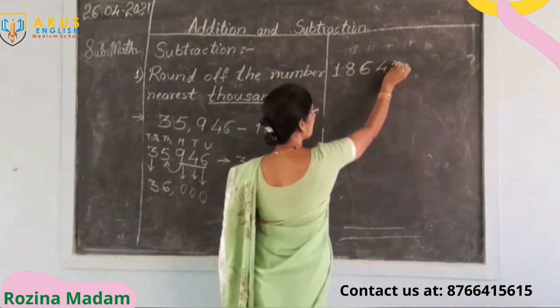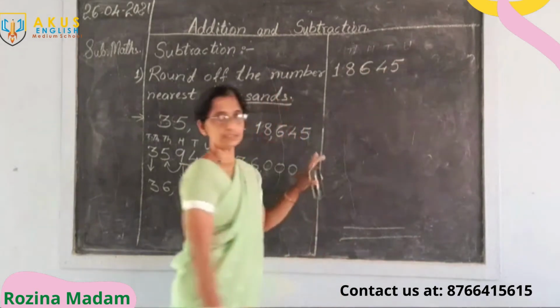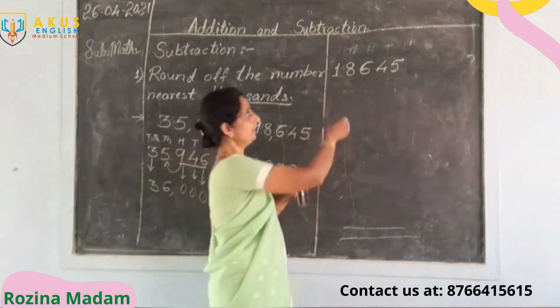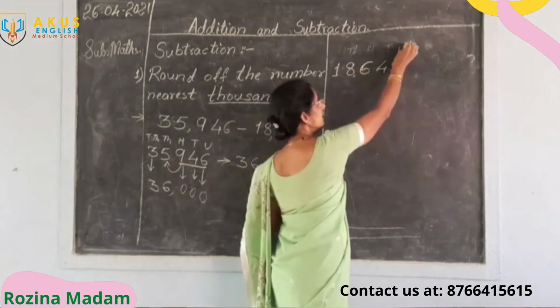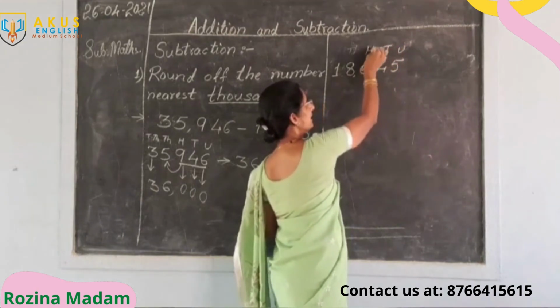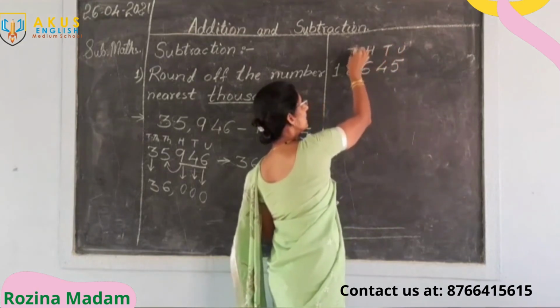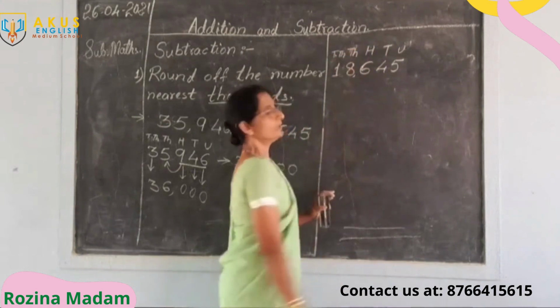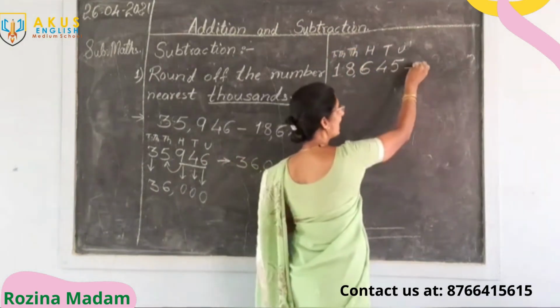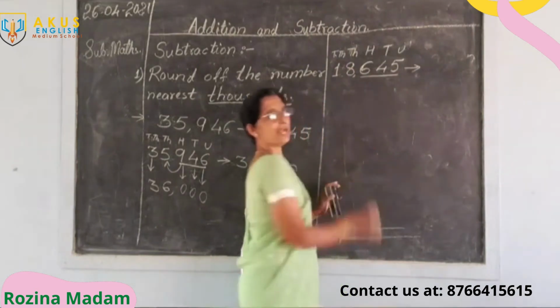18,645. Now here, in the same way, you have to write down the place values. Units, tens, 100, 1000 and 10,000. Now you have to underline the 3 numbers.